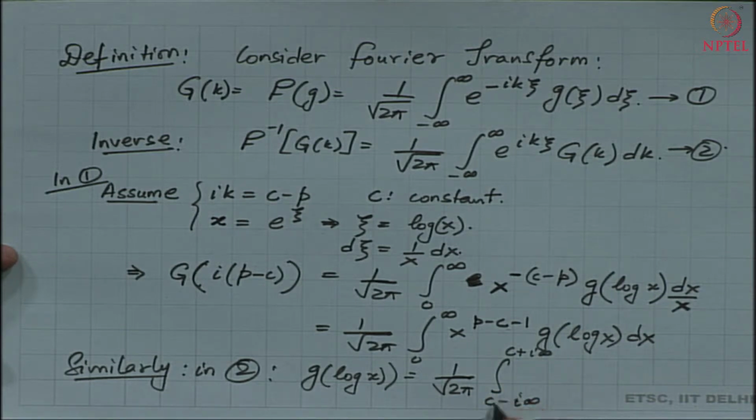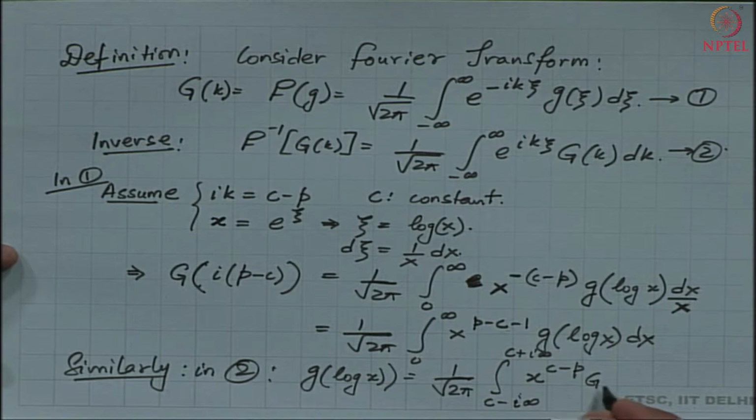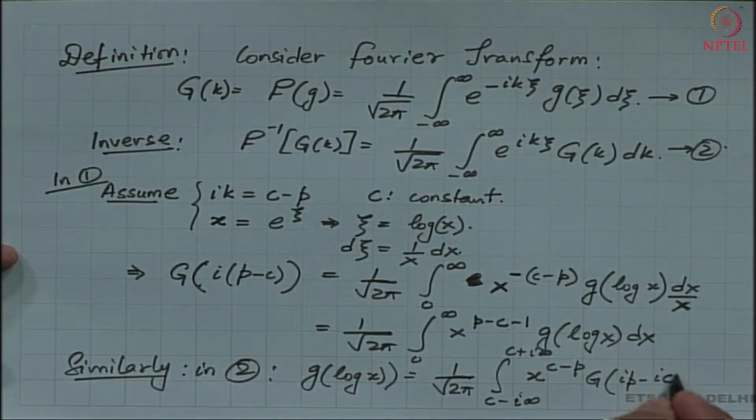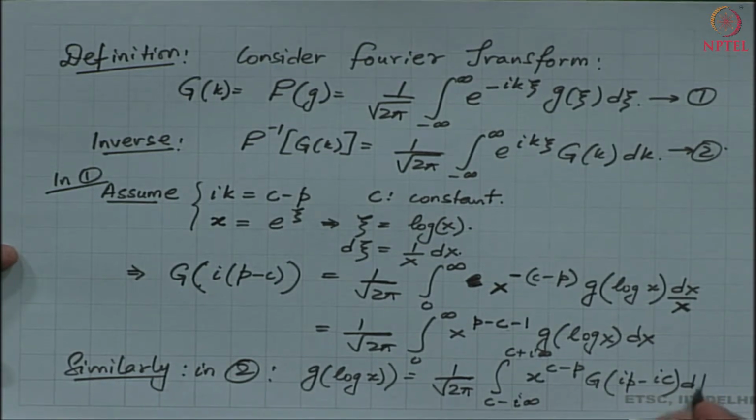Again, this is the so-called Bromwich contour, x to the power c minus p, G of i p minus i c, where i is the iota, dp.